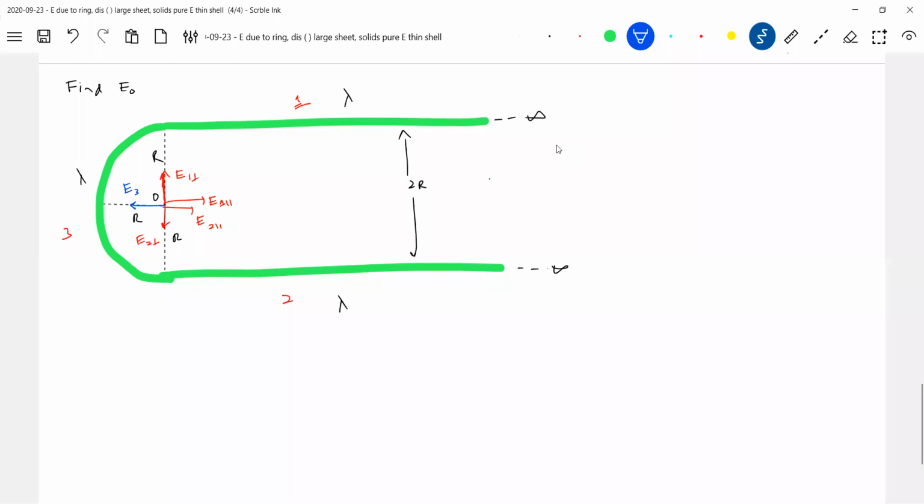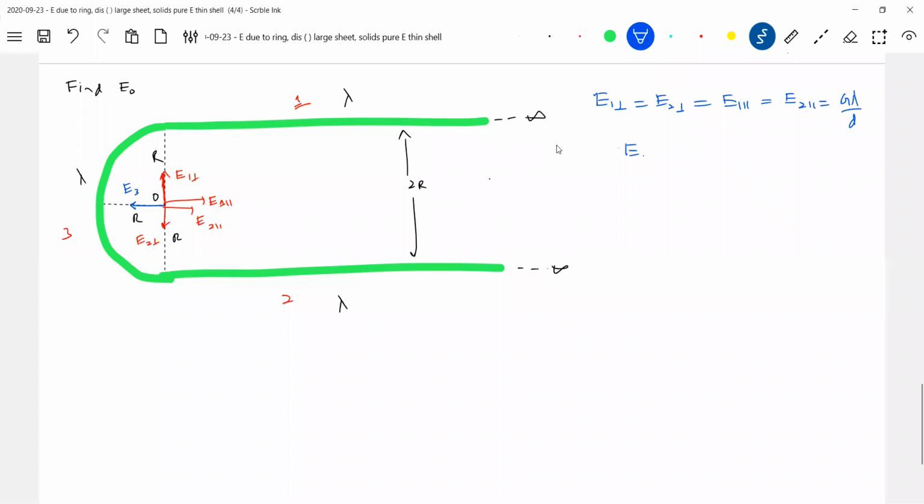So E1 perpendicular, E2 perpendicular, E1 parallel, what is the magnitude of all these? G lambda by d. So therefore, the y components will cancel out. What about E3?